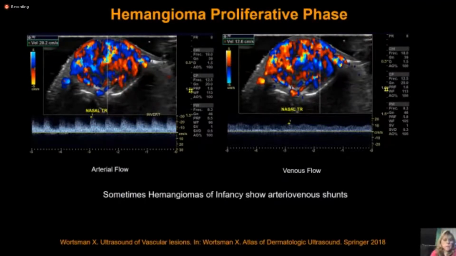These hemangiomas can present high arterial vascularity and also venous flow. In some cases, you can also notice arteriovenous shunts.